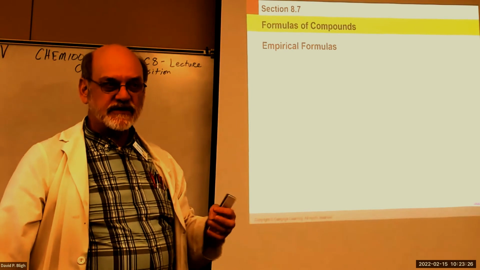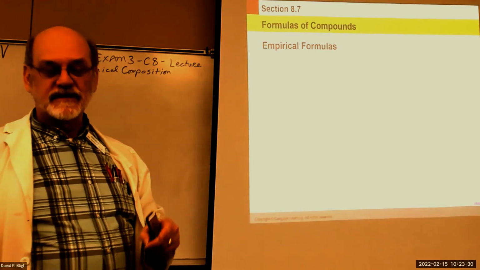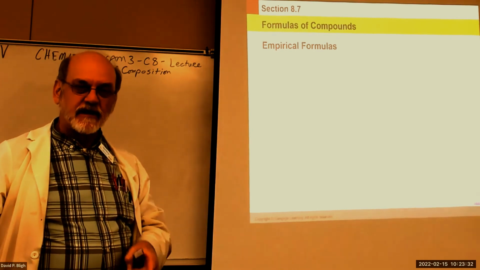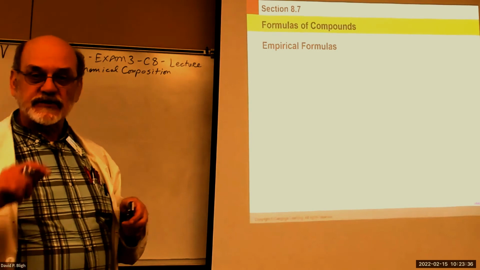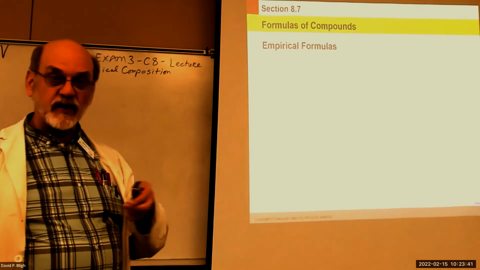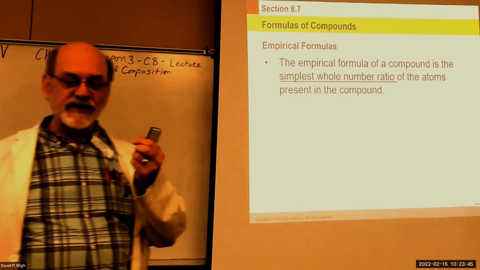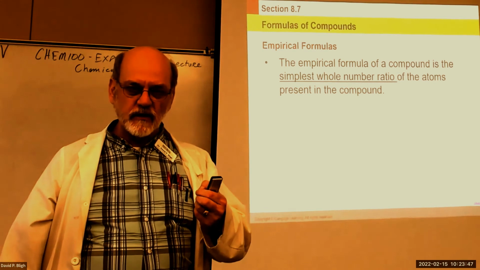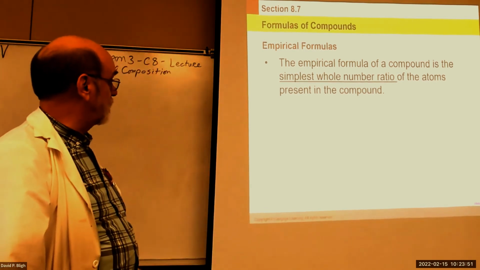And the answer is yes, if we have another piece of information. First thing you do with percent composition is determine the empirical formula. All right, I have to define what is an empirical formula. Empirical formula is the simplest whole number ratio of elements in a compound.